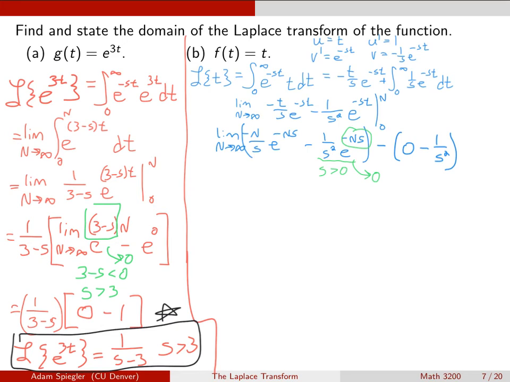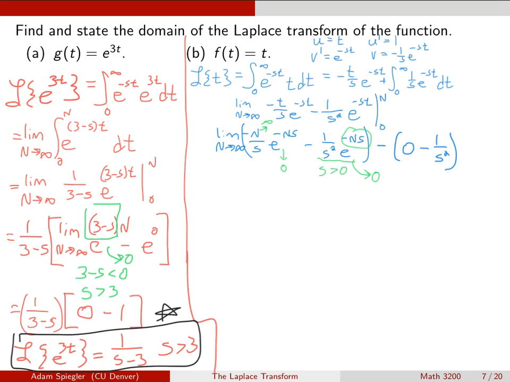For the first piece, it's a little bit more complicated because as n goes to infinity, that part goes to infinity, and that part's going to go to 0 as long as s is positive. So we have something heading towards infinity times something which is heading towards 0.